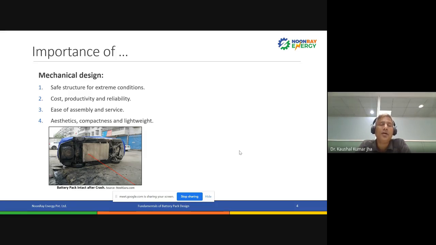What are the other things of importance in mechanical design? It's cost, as it is going to be an upfront cost. It's a capital cost, so the cost has to be minimized. Productivity: instead of a bigger battery pack, can I use a smaller battery pack and get similar productivity? Then comes reliability. How reliable?